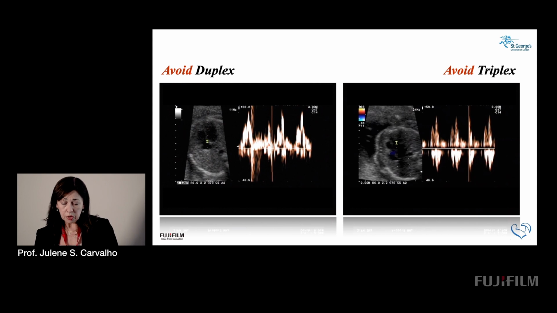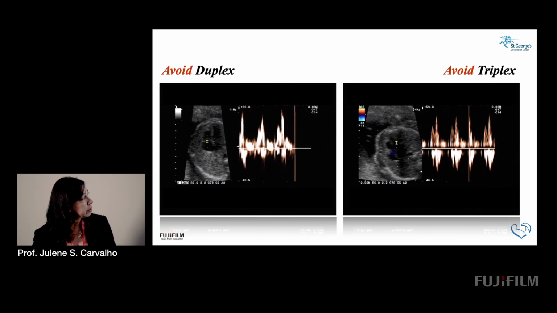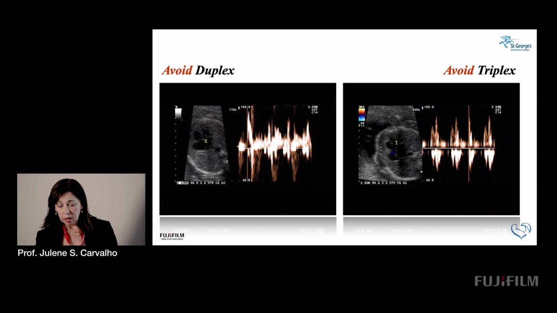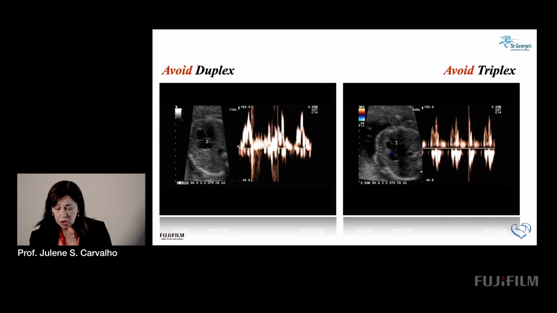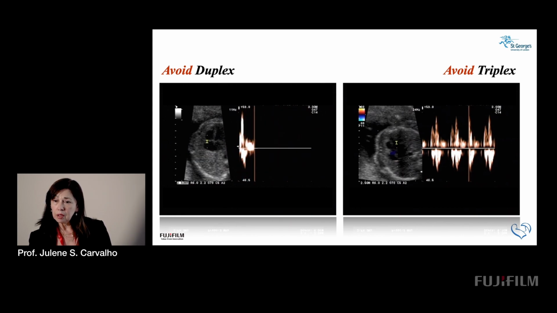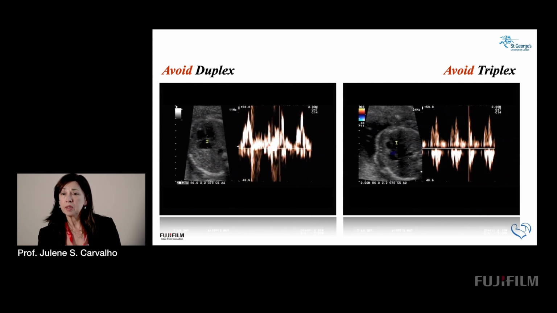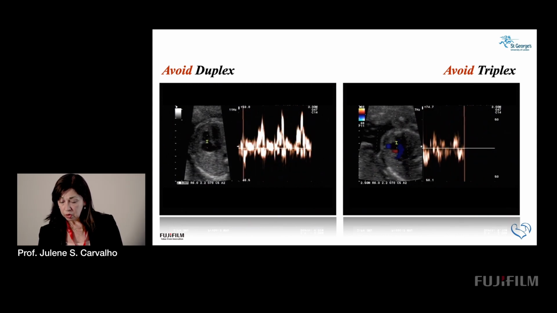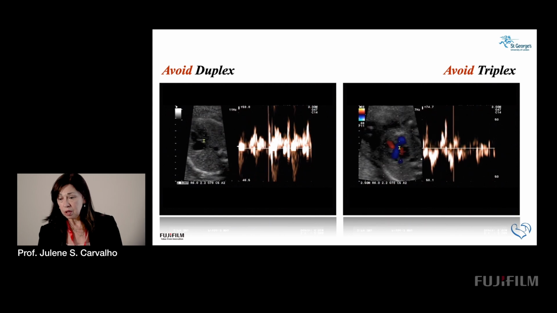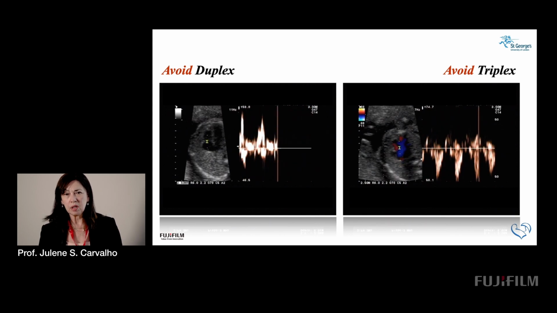So if you got your sample volume in the correct place and you press the wrong button on your machine, and you can see that the signal looks awful, that's because the machine is trying to do a 2D that's live and the pulse wave at the same time. Worse than that, when you do triplex, so you have color, you have 2D, and you have the pulse wave, the signal is very difficult.